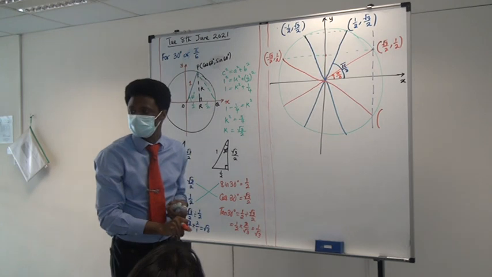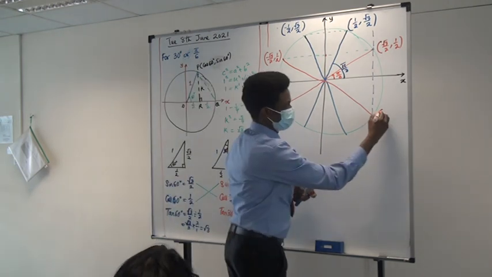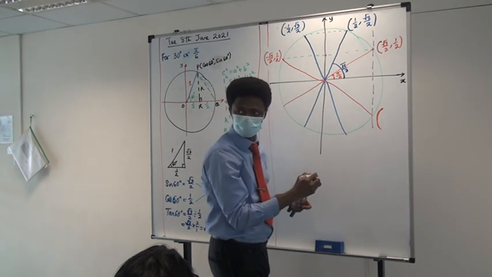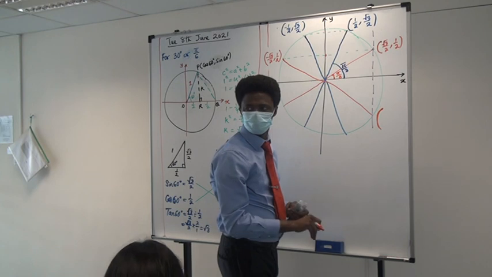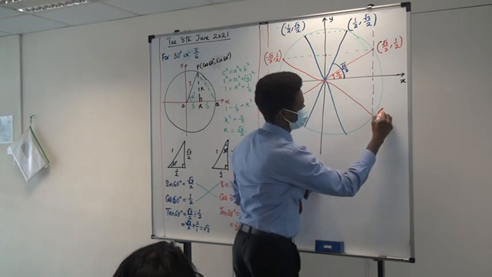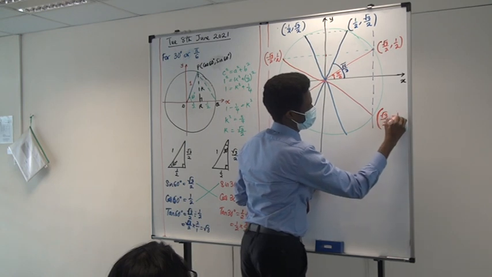Come on, quickly. No time. Dennis? Root 3 over 2, comma, negative 1 over 2.